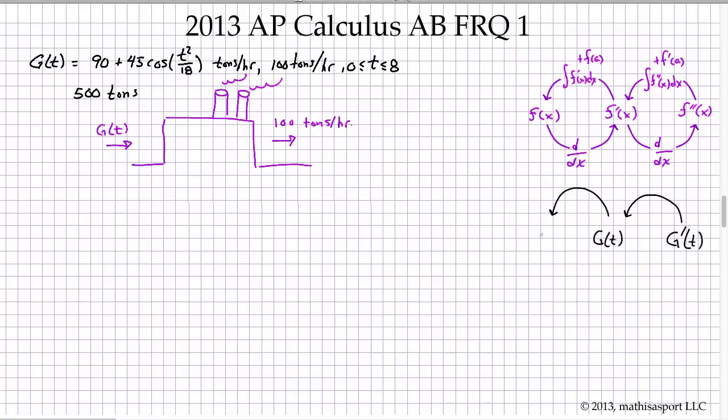And that begs the question, what happens when we integrate that rate? Well, that's really key to this problem. And what you need to understand is that if you integrate the rate that something is arriving, then your new function, your integral of this, is the amount of unprocessed gravel that has arrived as a function of time.